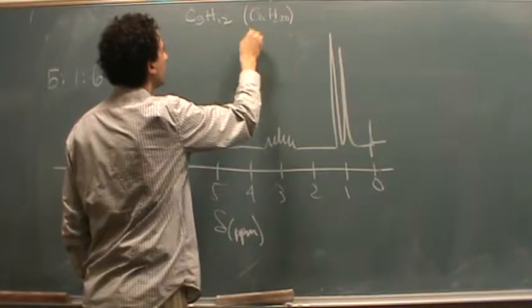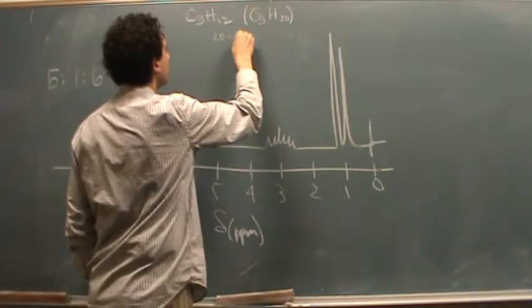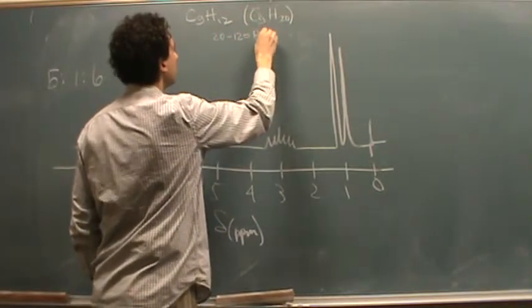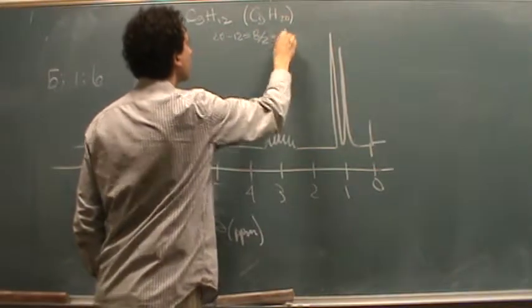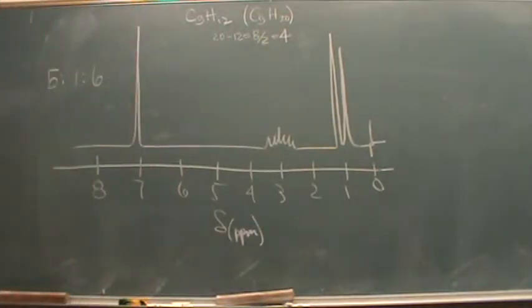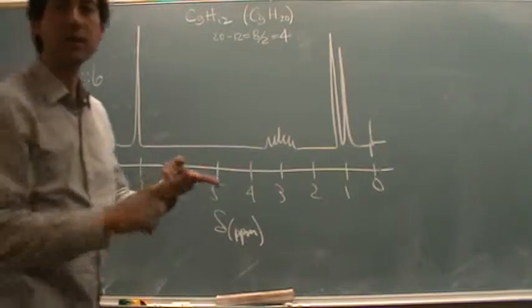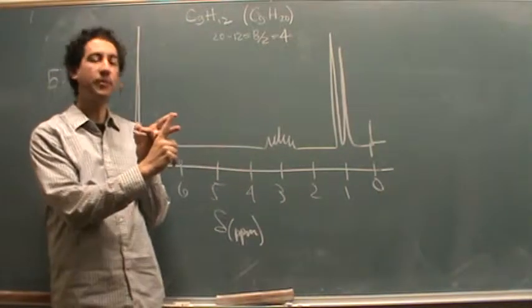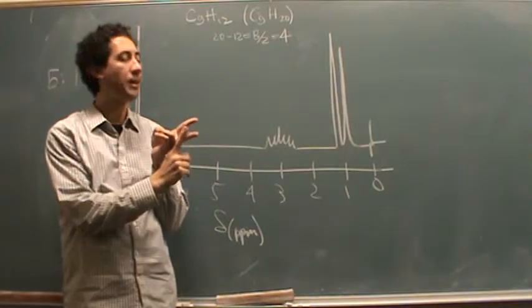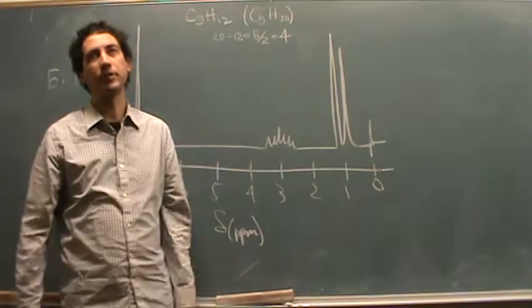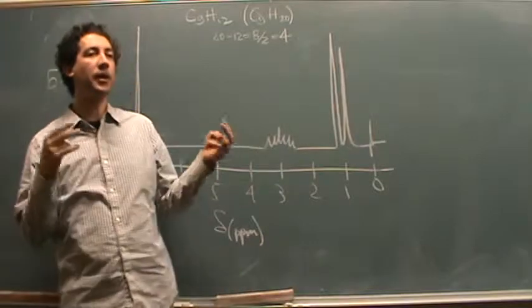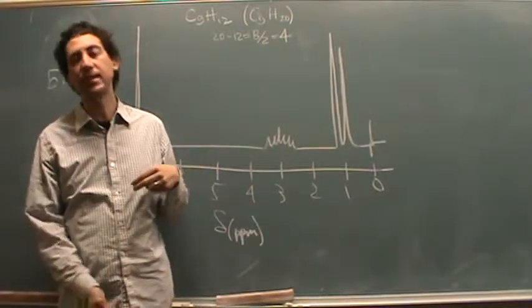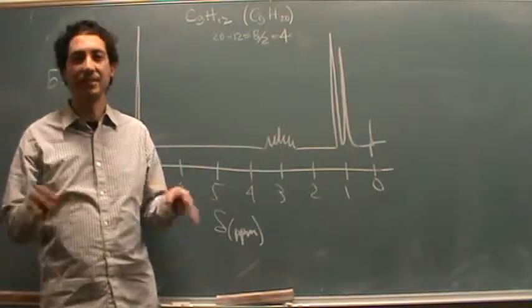We're short by 20 minus 12, short by 8. If you divide that by 2, that's 4 degrees of unsaturation. That means between rings and double bonds, or some sort of multiple bonds, there's 4 of those. So for example, there could be 2 double bonds and 2 rings, or 1 ring, 3 double bonds, something like that, okay?